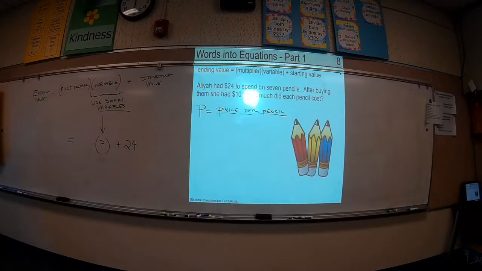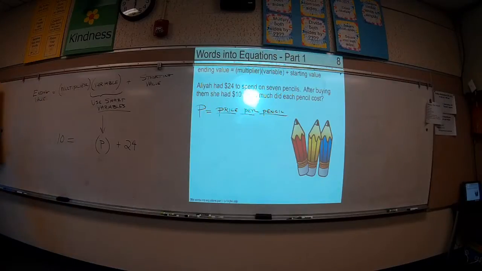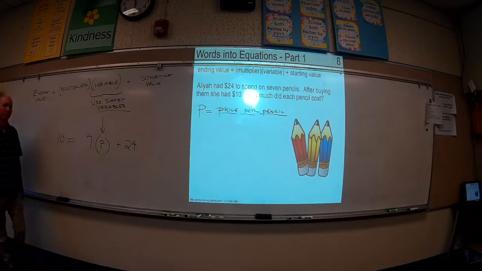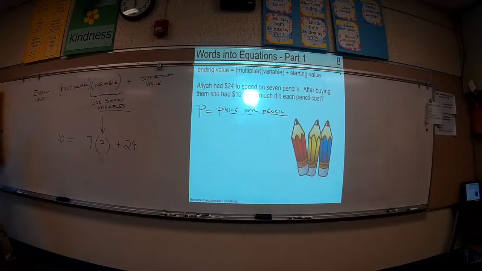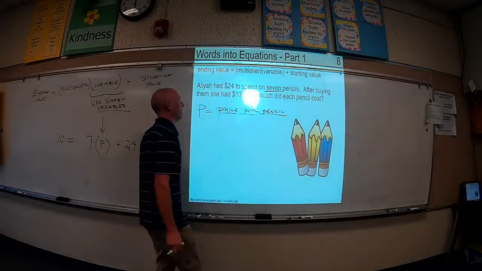Okay, and for the ending value? Is that right? Got it? 7 pencils for the multiplier. It's not a number, it's written out as a word as opposed to the numeric symbol.